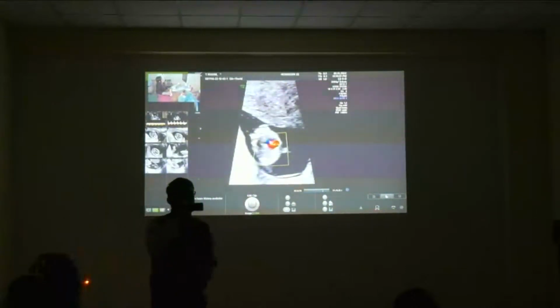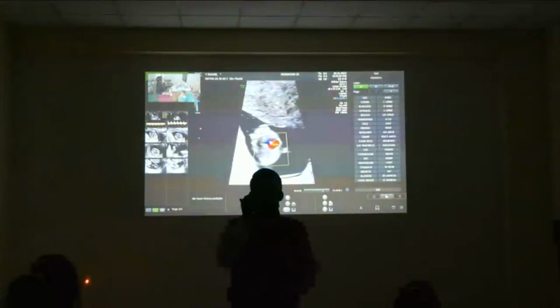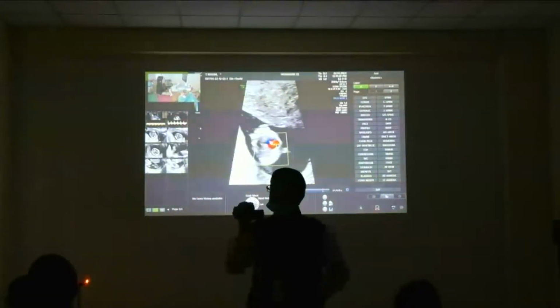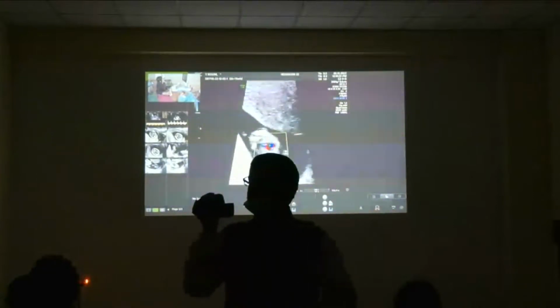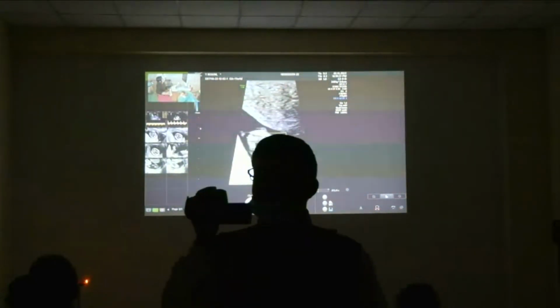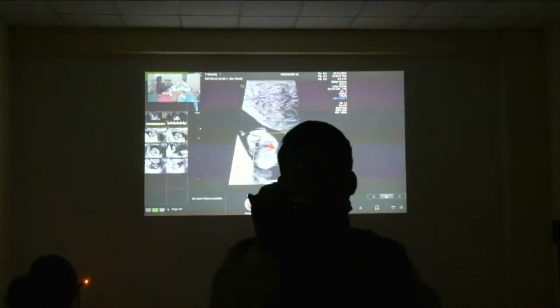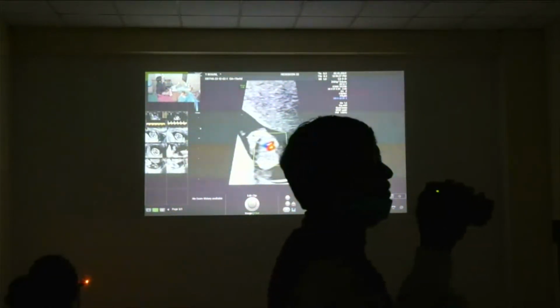So we see that there are two inflows. I mean, the setting should be such that we can separate the septum. Yeah, these are two parallel inflows.